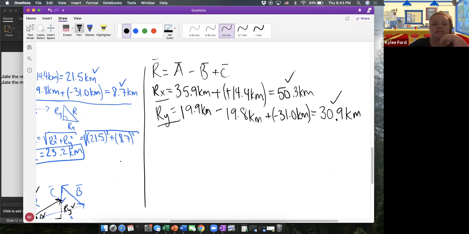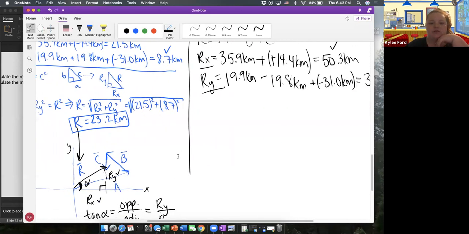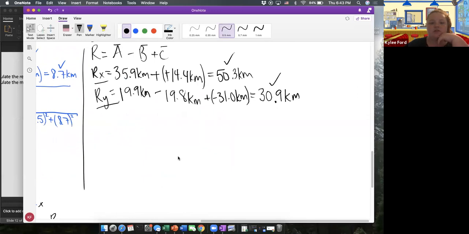Now we can do the exact same thing as before. We can use the Pythagorean theorem to solve for our magnitude of R. So we have our Rx, 50.3 squared, this should be a minus.